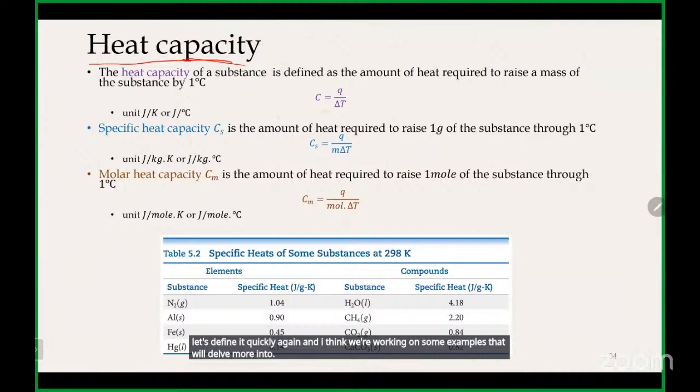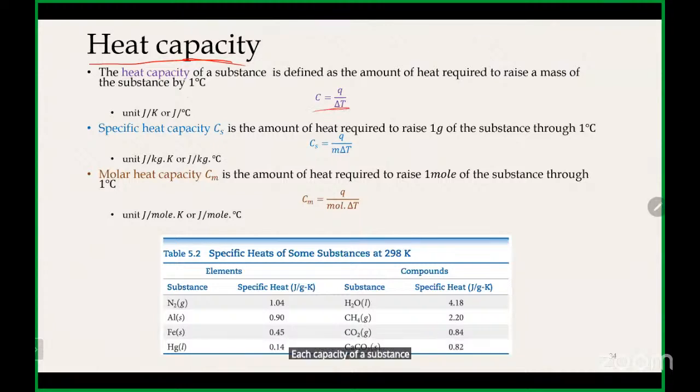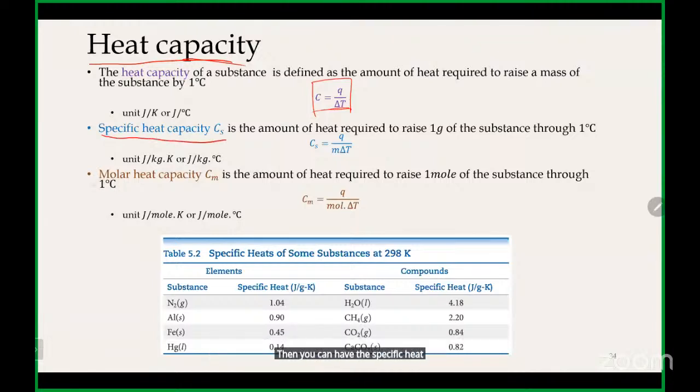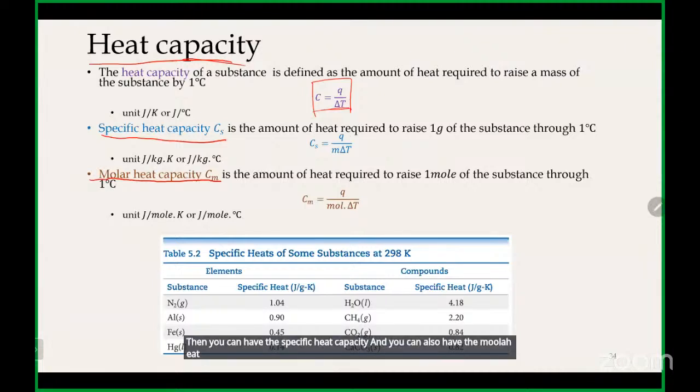The heat capacity of a substance is the amount of heat required to raise the substance by 1 Kelvin or 1 degree Celsius. Then you can have the specific heat capacity, and you can also have the molar heat capacity. The specific heat capacity is the amount required to raise 1 gram, and the molar heat capacity is the amount required to raise 1 mole.